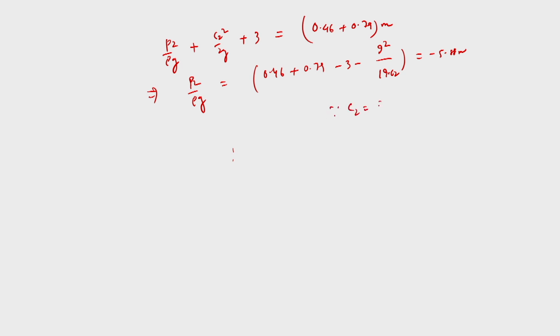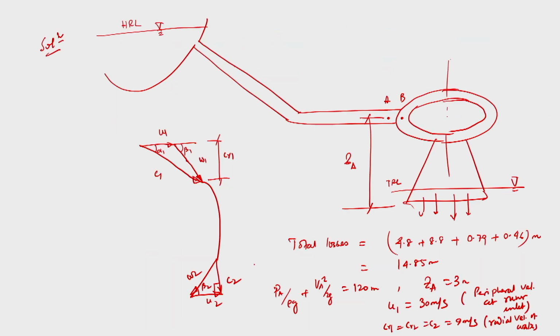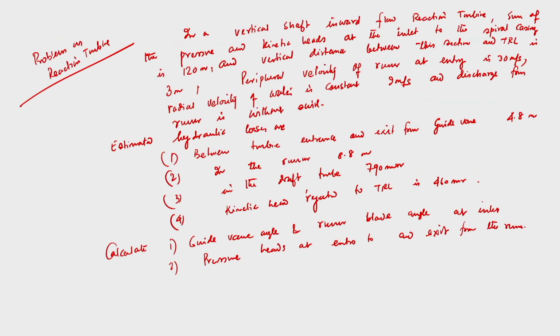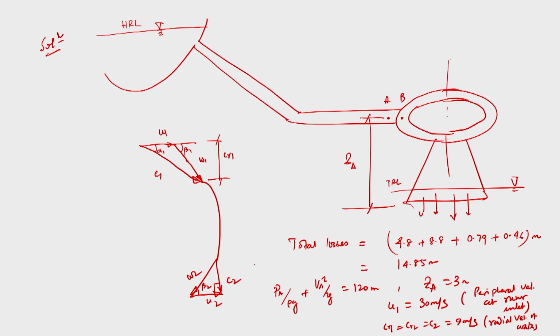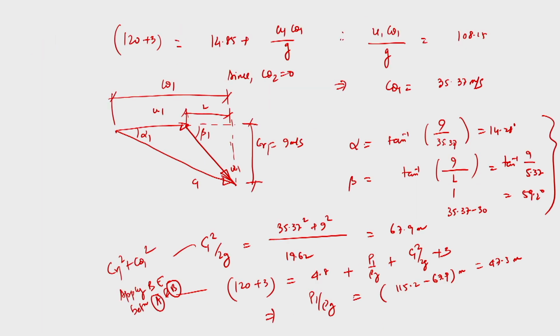Since C2 is equal to CR2 is equal to CR1 is equal to 9 meter per second. So, we have obtained everything. We have obtained the pressure head at the entry and exit of the runner. Entry of the runner is at point B, so this is the pressure at the entry to the runner.